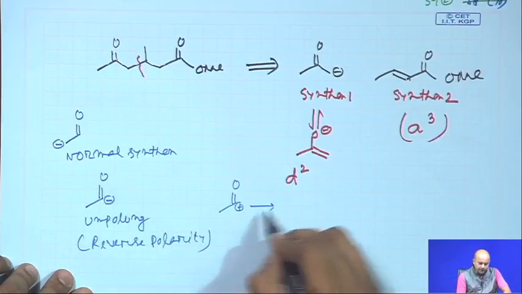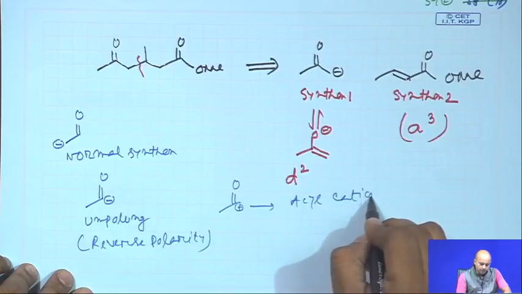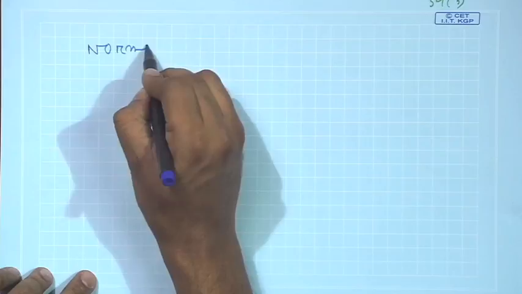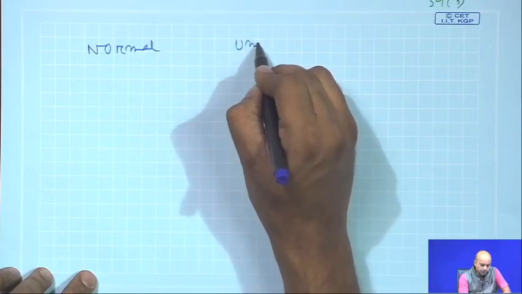And this is your acyl cation, which you probably came across earlier in the Friedel-Crafts reaction. In this way you can categorize several synthons as normal and Umpolung synthons.